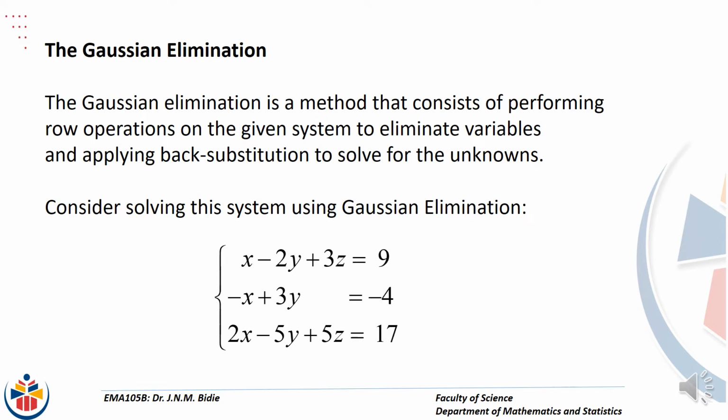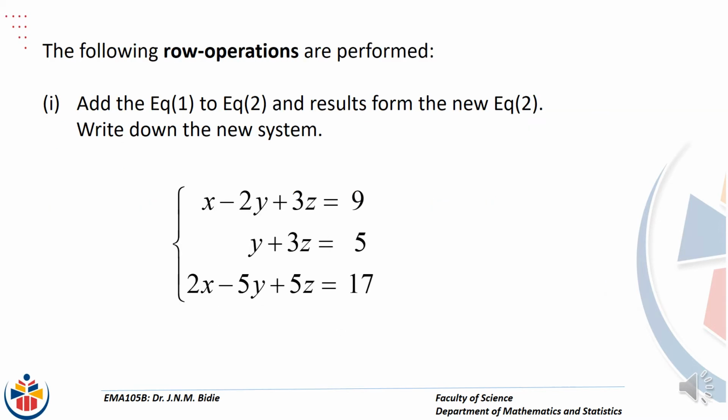In order for us to remove negative x in the second equation, we can simply add equation 1 and equation 2, and then our answer replaces the second equation. That's exactly what you did here: equation 1 plus equation 2.